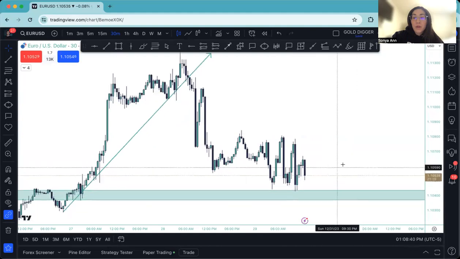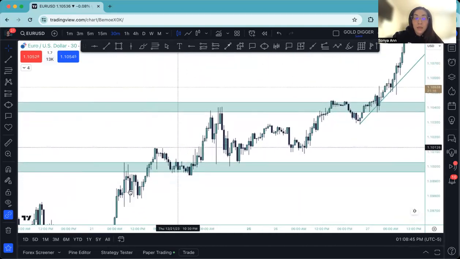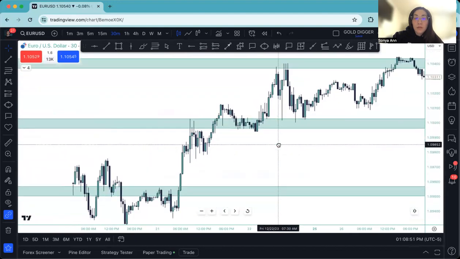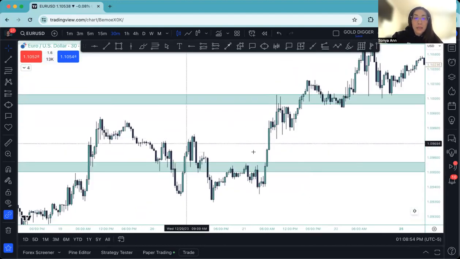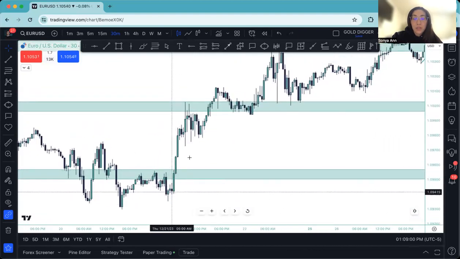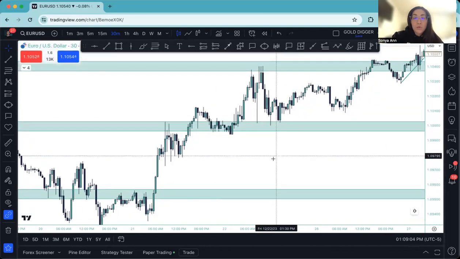And then if you're going to do it off of a zone, like it broke, I would ideally like it to be around a trend line break and retest with the zone, but a zone would work too.